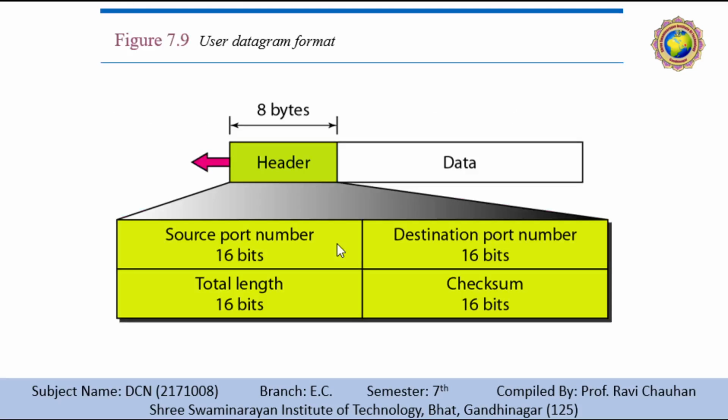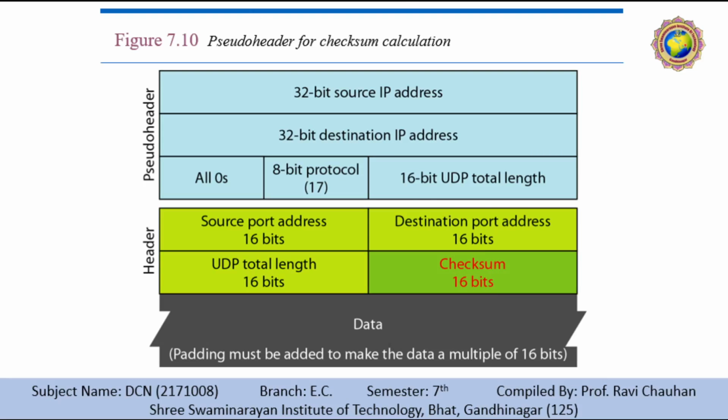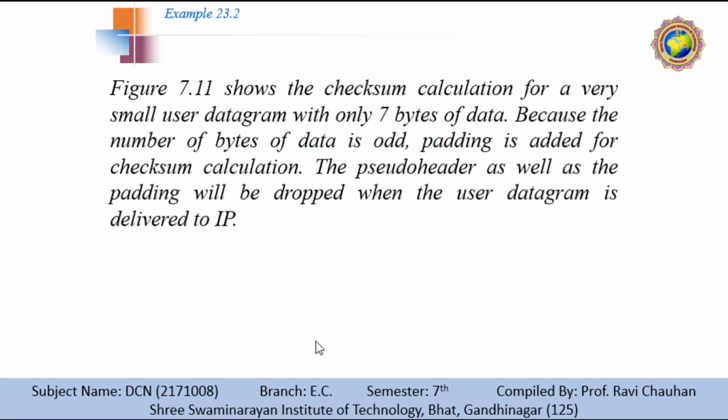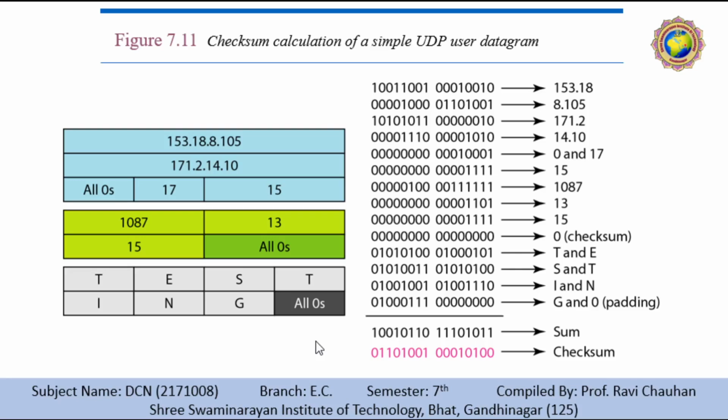After that we have seen the user datagram format, in which the source port number, destination port number, length and checksum were discussed in detail with this frame structure. The pseudo header and header with data were discussed. After that, we have seen an example of a checksum calculation.